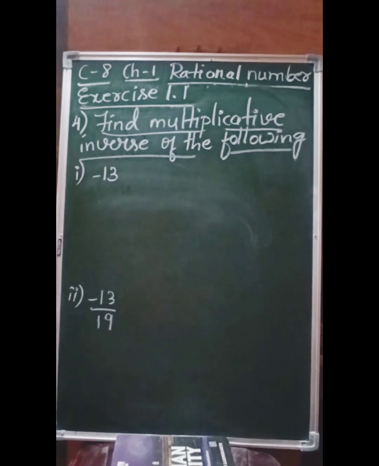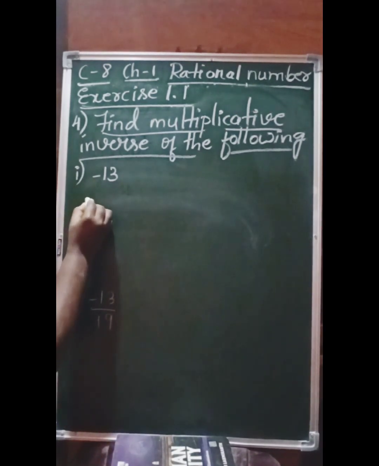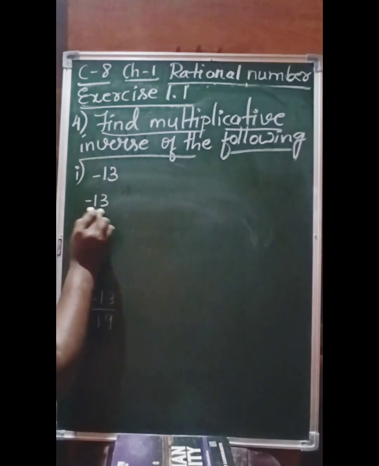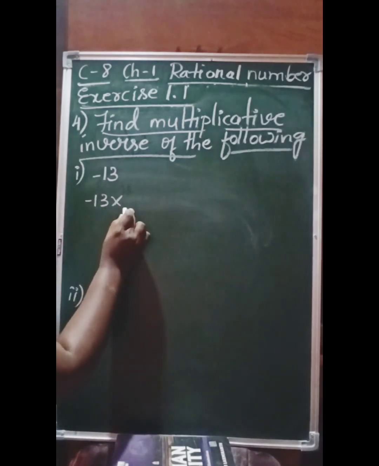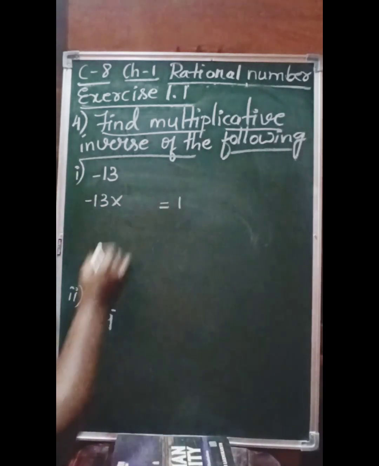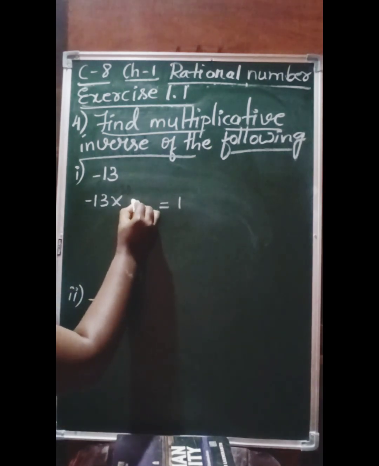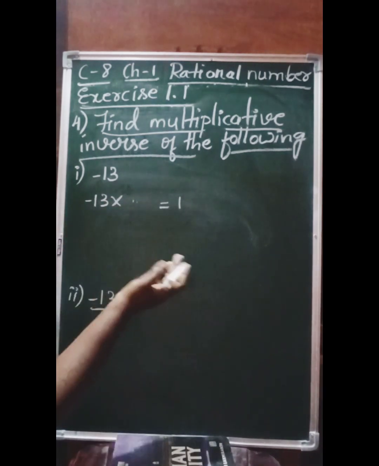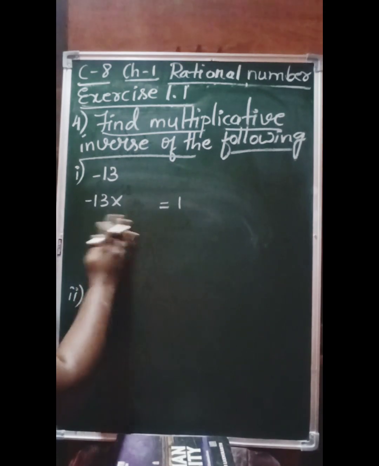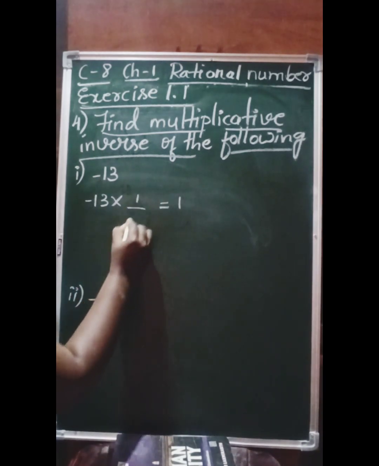Consider the first problem, that is minus 13. I have to consider a number so that the product gives 1. If I consider 13 here, 13 into 13 becomes some other number, right? So here I have to consider the reciprocal of this.